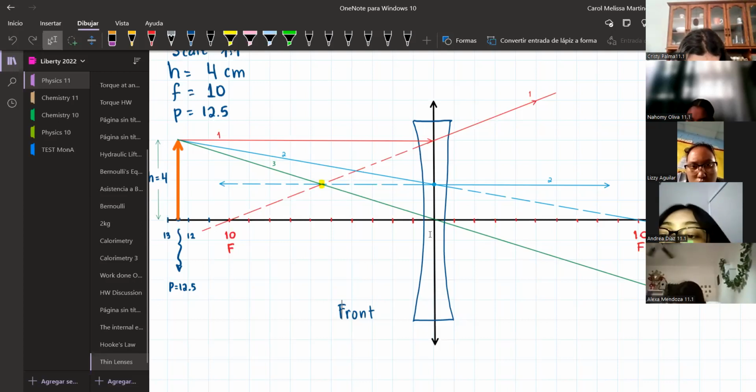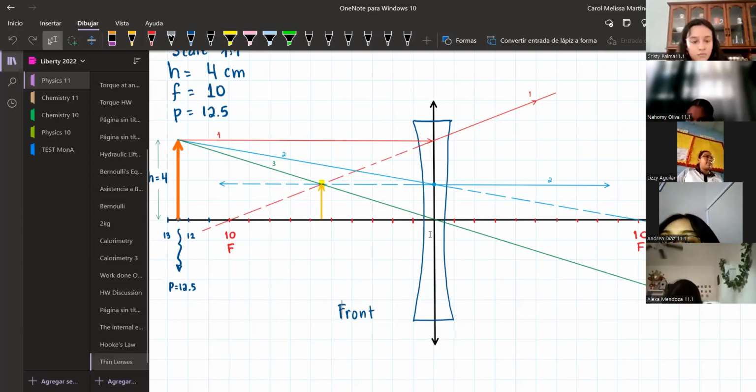So my image is this one over here. I will sketch it in yellow. Okay. And espérense, voy a borrar esto.